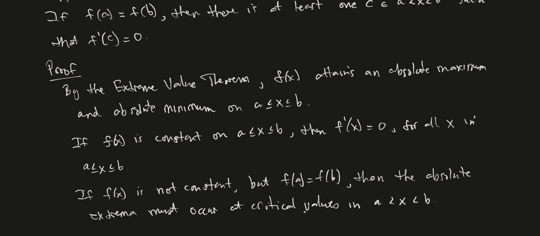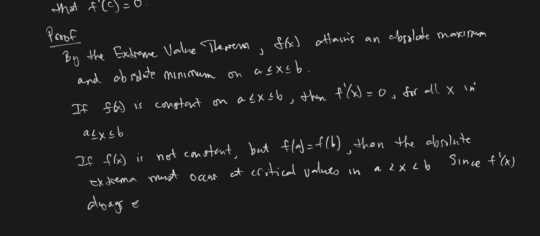But what do we know about these critical values? Since the function is differentiable at every point in the open interval, the derivative always exists. So since f prime of x always exists in this open interval, think about critical values.